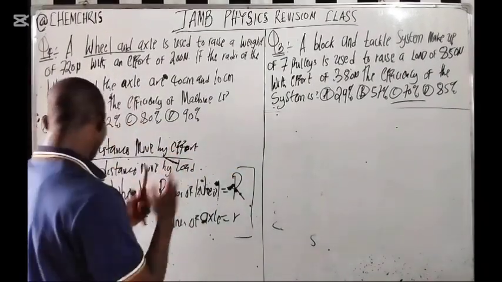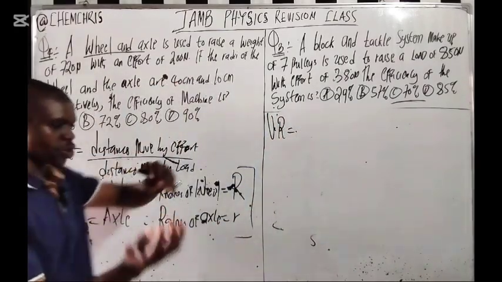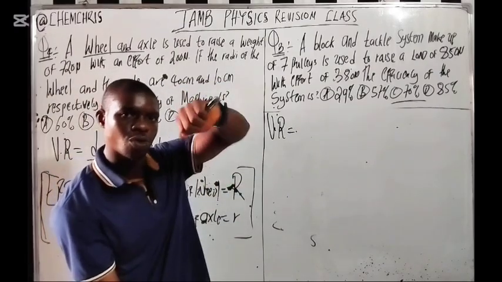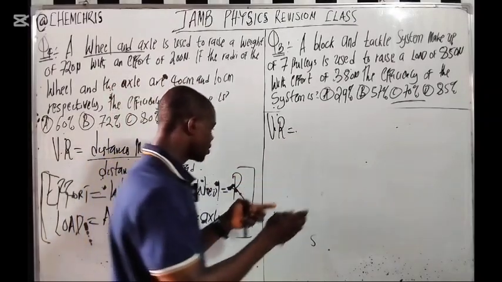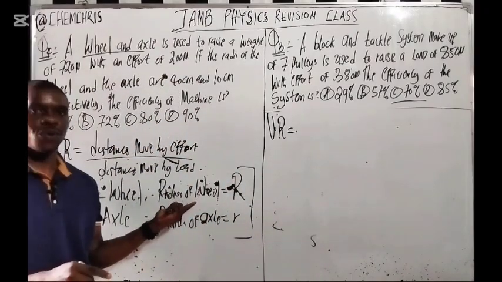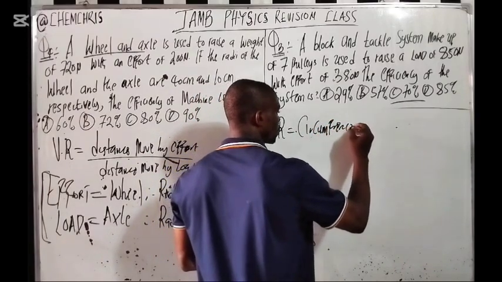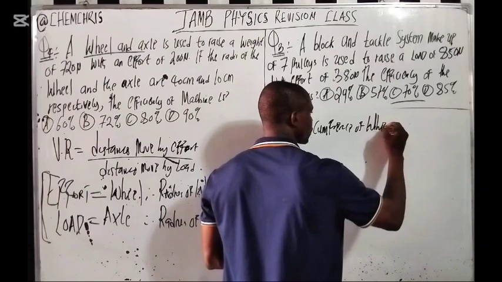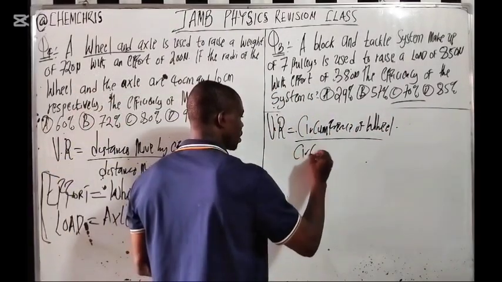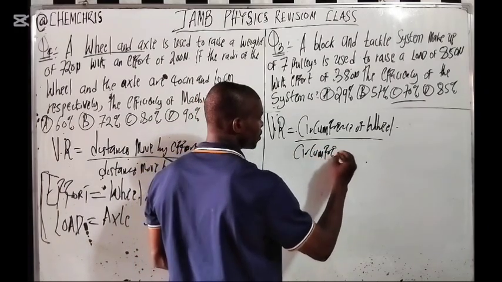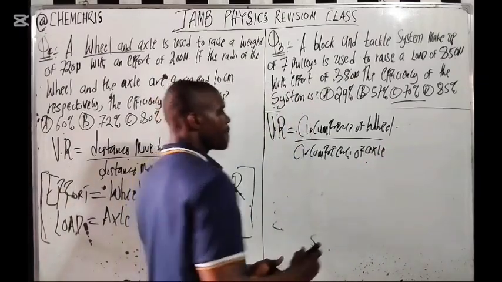So velocity ratio is equal to the distance moved by effort, because when you rotate it here, it is the circumference of the wheel, over the circumference of the axle.